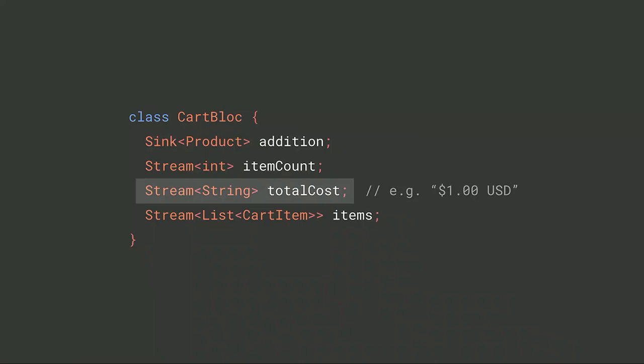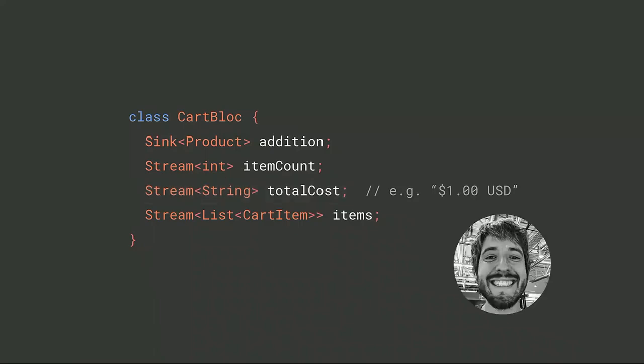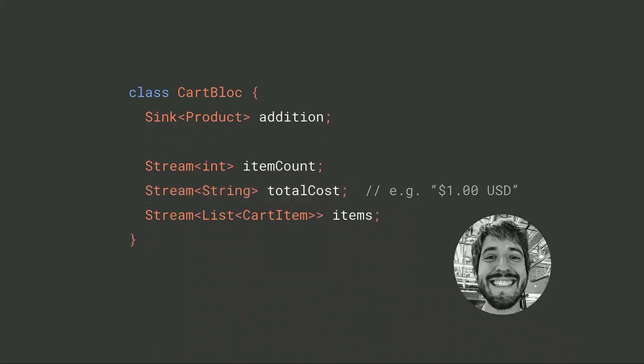That gives you another very cool thing. And that is that if you add a new sync or new input to the model, to the component, for example, sync of locale, so users now can change anywhere in your app. They can change from US shop to EU shop. Now you can pipe this change as a stream to the total cost.